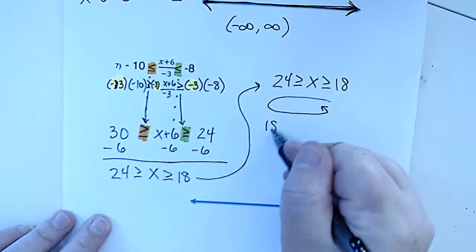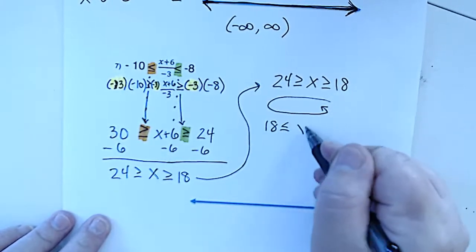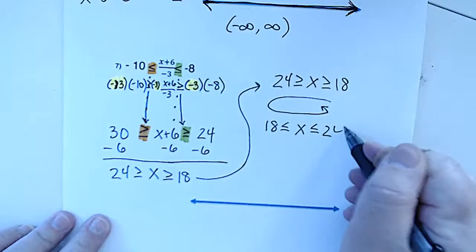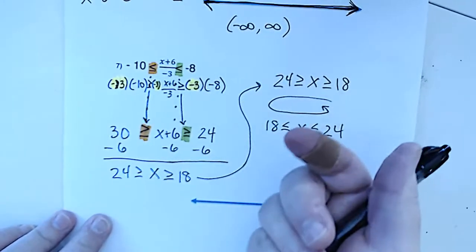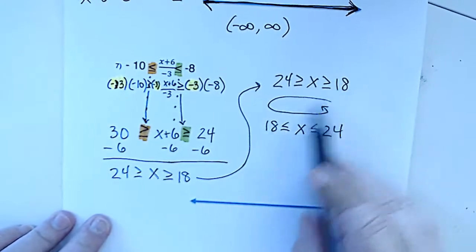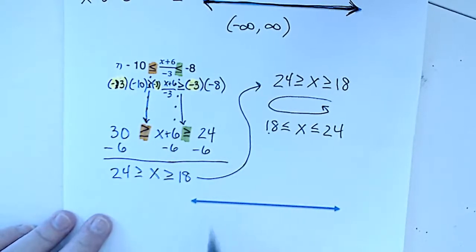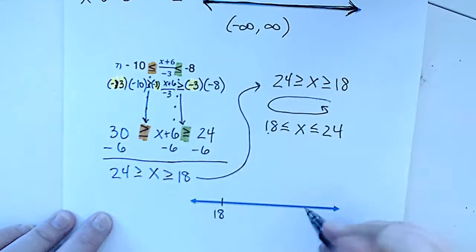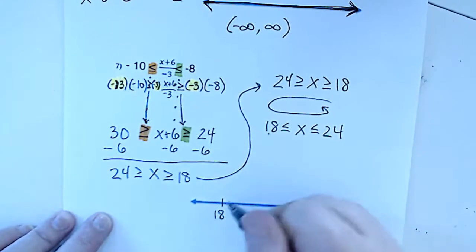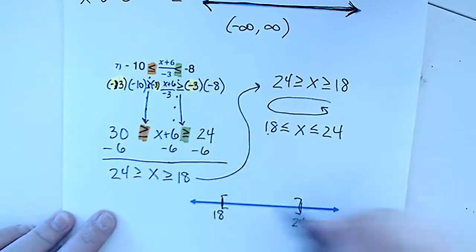I'm going to start with 18 is less than or equal to x is less than or equal to 24. So I took the whole thing and flipped it around. I'm just writing them in a different order so that it progresses the way it would on this graph. I can draw the 18 in first, the 24 in second. These are both bracket endpoints.